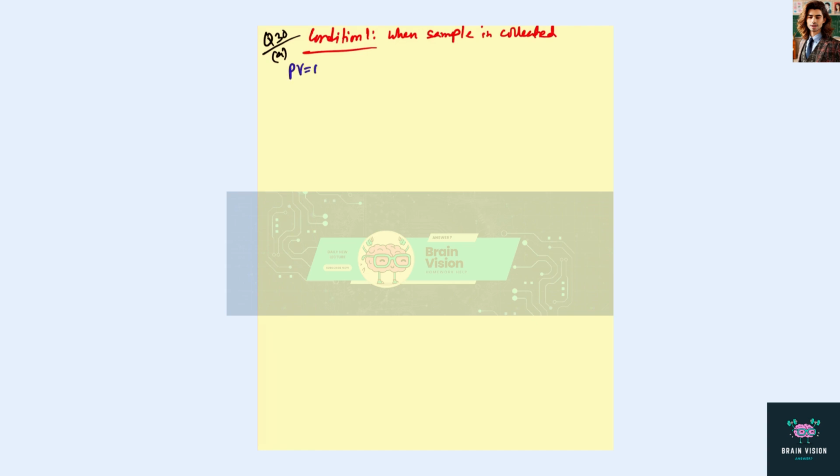From the ideal gas law, we know PV is equal to nRT, or the number of moles is equal to pressure 1 times V divided by R times temperature 1. Given the pressure of the system is 99 kilopascal, let's convert it to atm, which is 0.977 atm, and the temperature is 33 degrees Celsius.